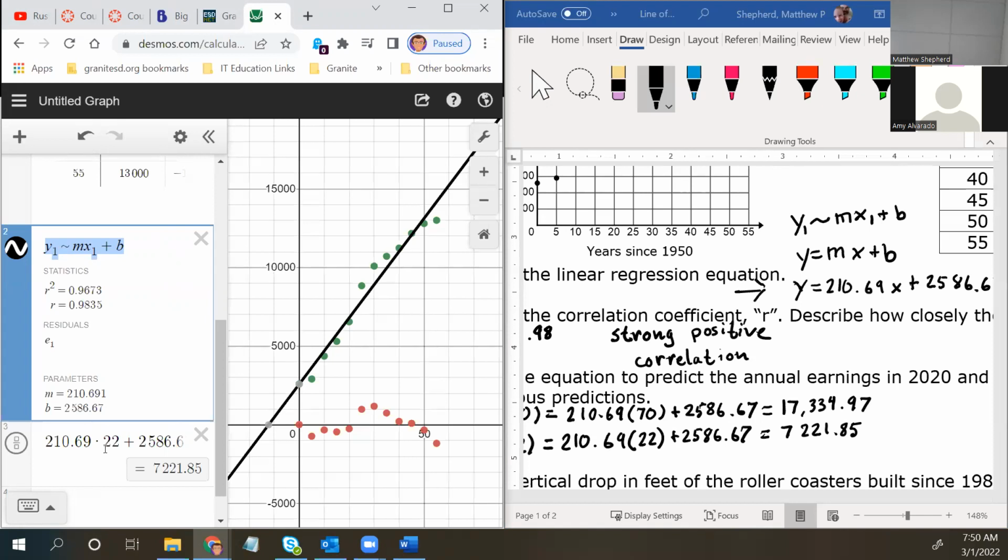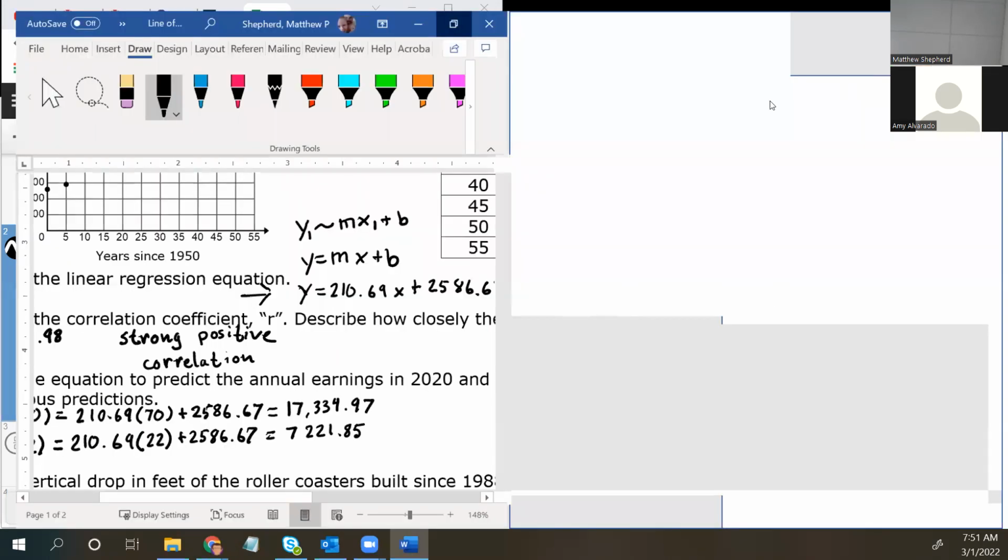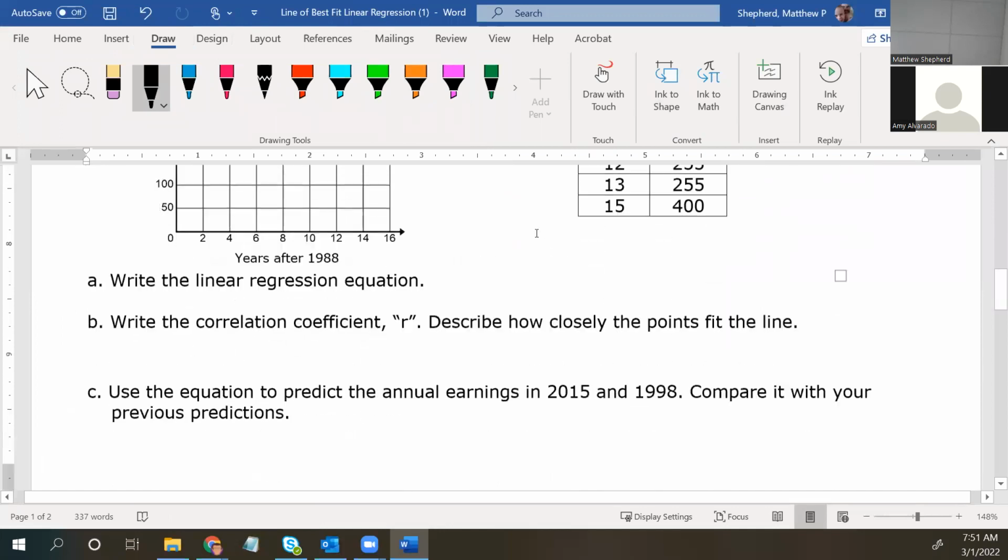Does anyone have any questions from what I have just shown you? Okay, so what the expectation is right now then. This is not a long worksheet. I expect everyone to submit it.